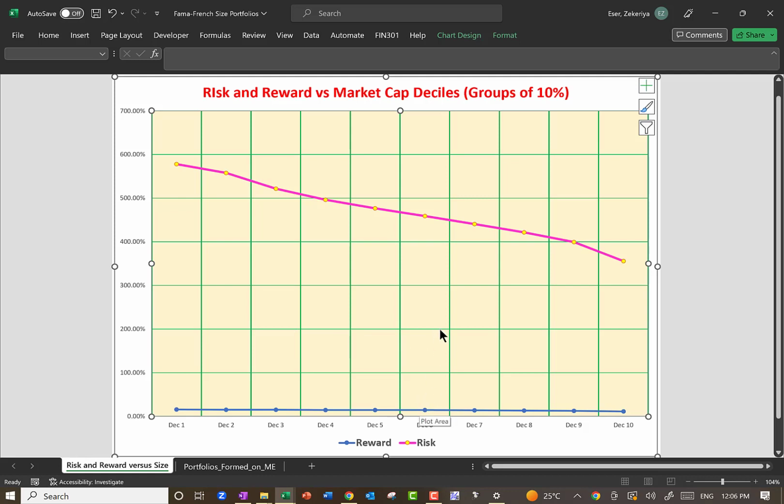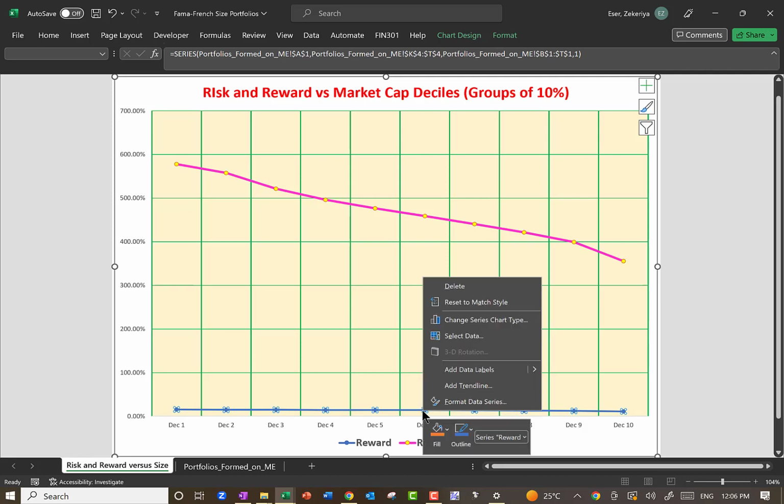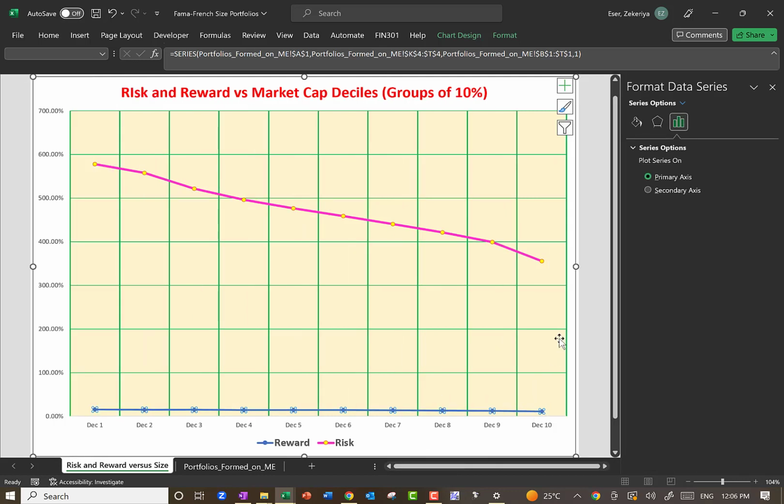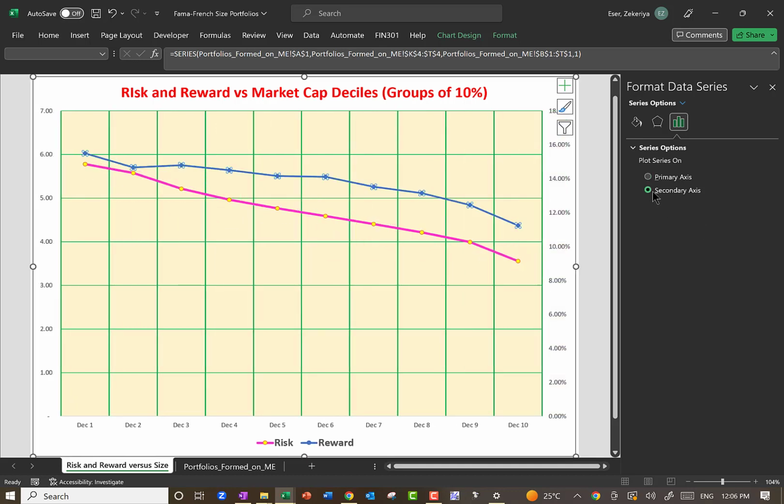If you have more than one series, click on one of the series, it doesn't matter which one. Right click and hit Format Data Series. And right here, this is called Series Options. You can have two scales on a graph. So I'm going to put this one on secondary axis.